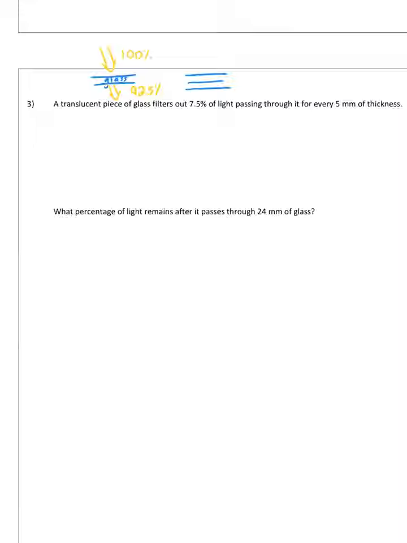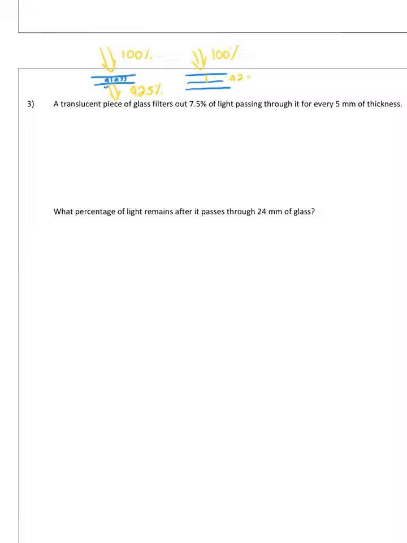So now let's look at this second piece of glass. I've doubled the thickness, so now it's 10 millimeters of thickness. So again, we will start off with the light coming through, that's 100%. When it goes through the first 5 millimeters of glass, it's going to lose 7.5%. The other way of looking at it, the better way of looking at it, is it keeps 92.5%.